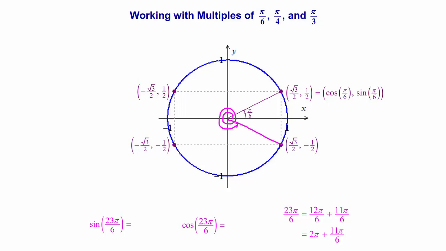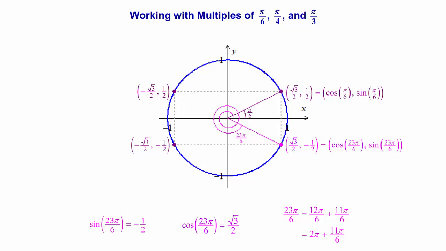And so we see that that angle, 23 pi over 6, specifies the point root 3 over 2 comma negative 1/2 in quadrant 4. So we know that the sine of 23 pi over 6 must be the y-coordinate of that point, negative 1/2. And the cosine of 23 pi over 6 must be the x-coordinate of that point, root 3 over 2.